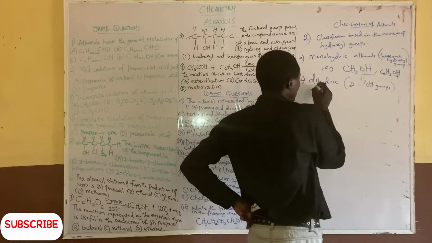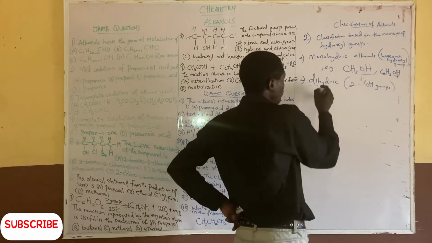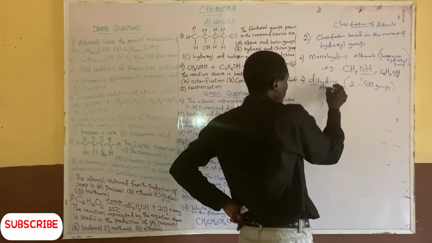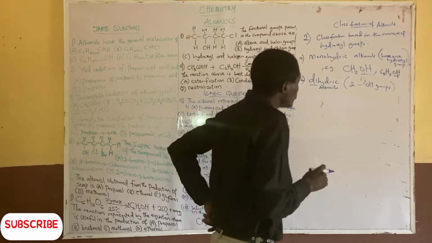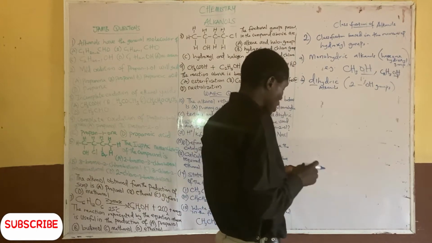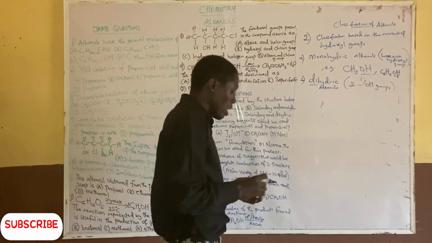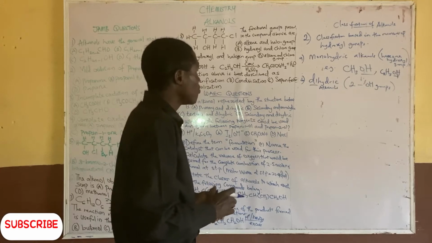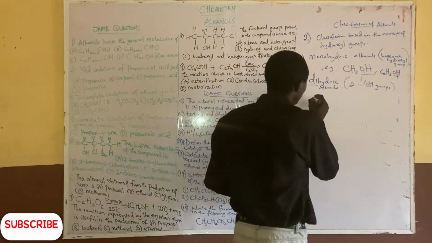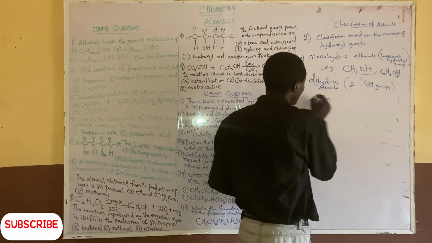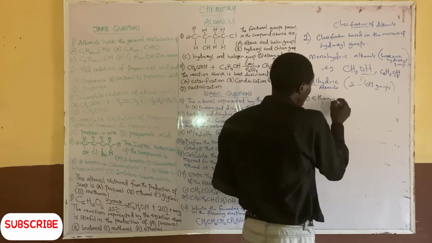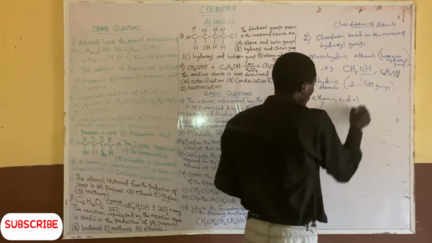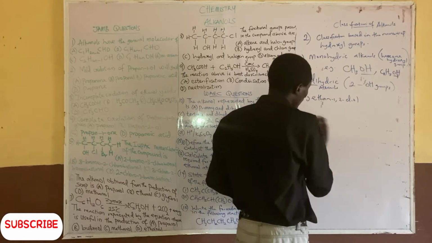Dihydric alkanols contain two hydroxy groups. And an example of such an alkanol is ethane-1,2-diol. Now, what do I mean by that?